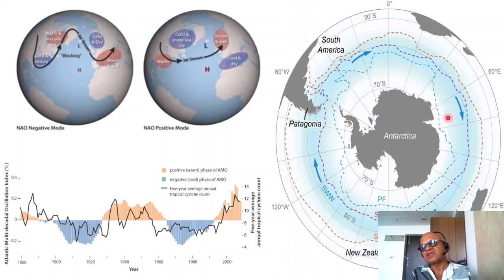So this is the Pacific sector, Indian sector, and the Atlantic sector, and so on. And this southern annular mode has an impact on tropical climate as well, like the Indian Ocean and the Indian monsoon.